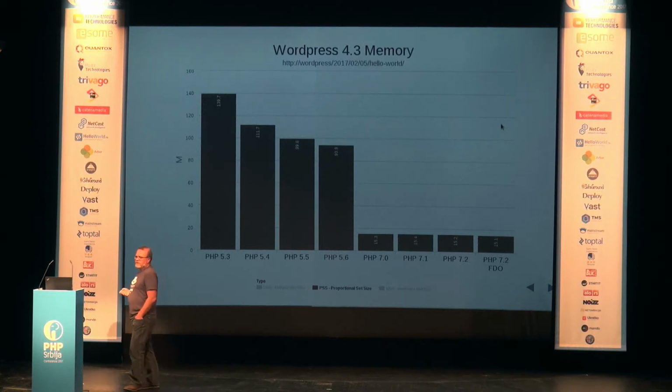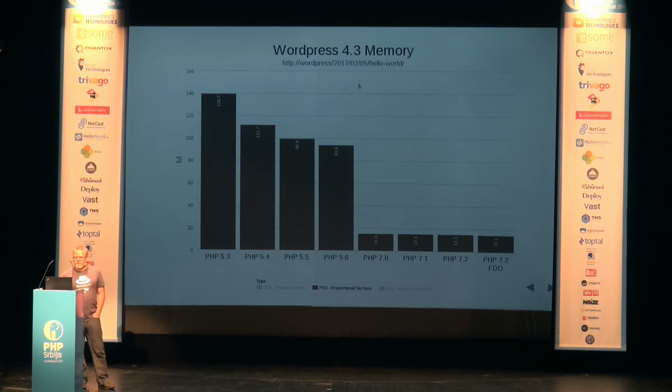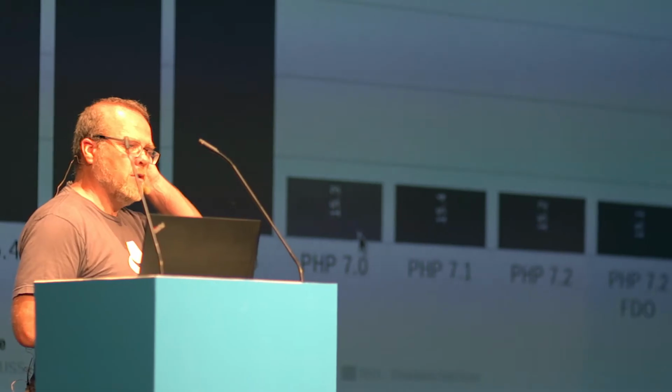So your hosting bill is going to go way down. And here we can see WordPress running under 5.3 needed about 140 megs of memory. Under PHP 7, exactly the same code needs 15 megs of memory, right? Completely insane, the drop there. It's almost 10x less memory needed to run the same code.